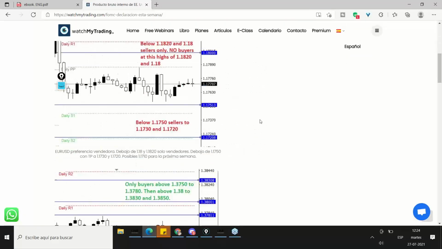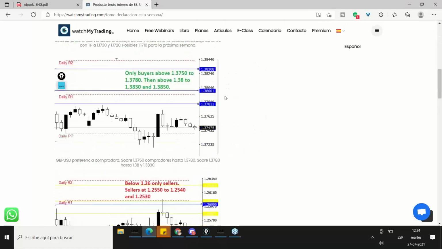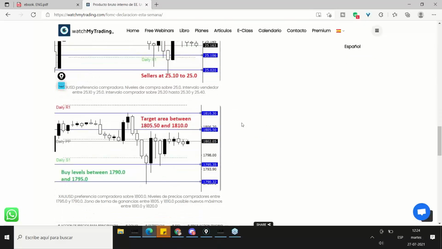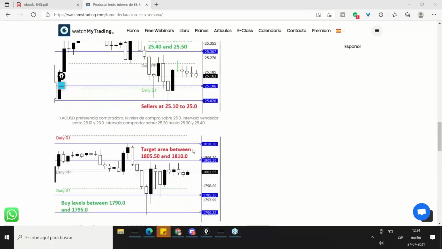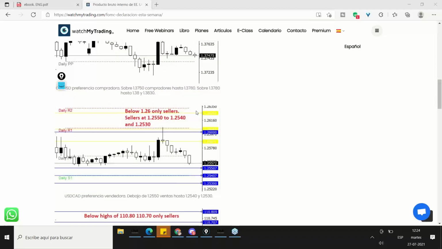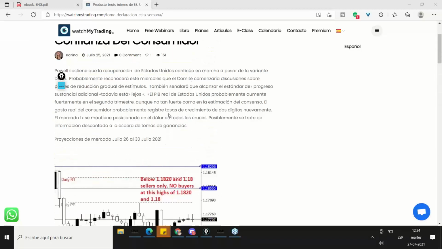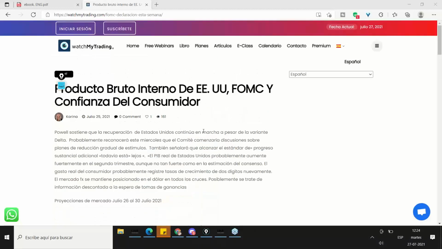And here you have plenty of charts, and I give you all the market intervals that you can actually trade with. This is from Sunday, and now the situation is quite different, and we're going to talk about it now.